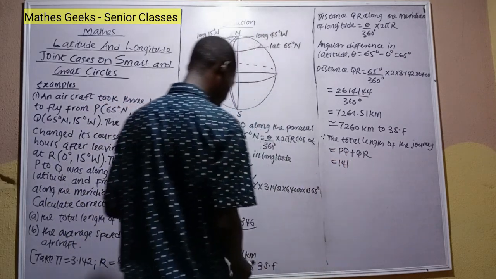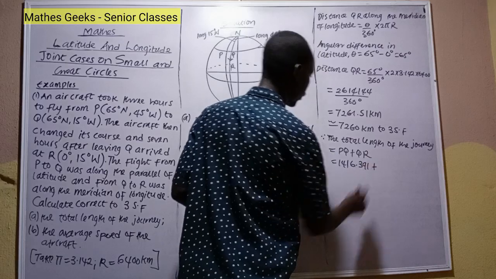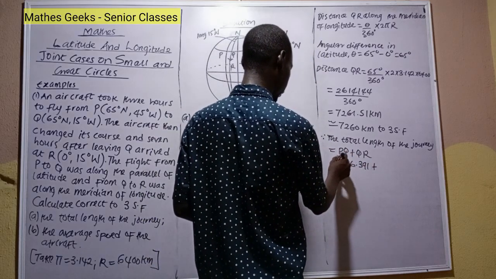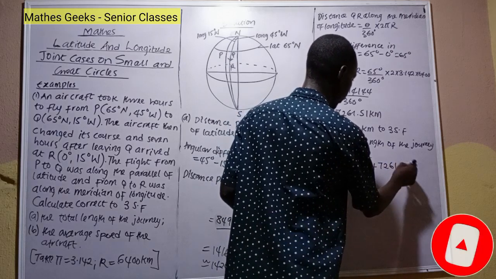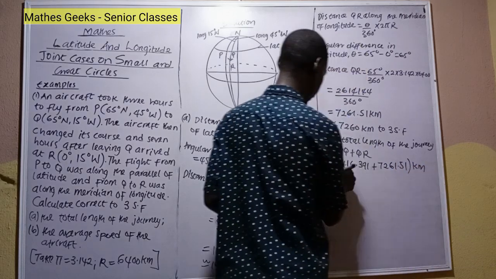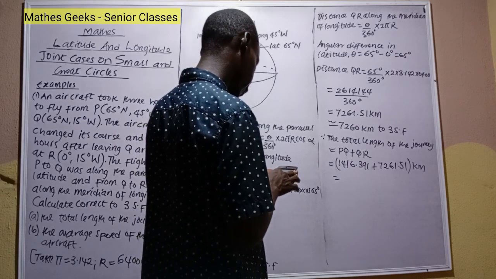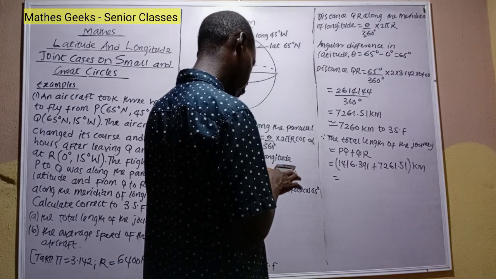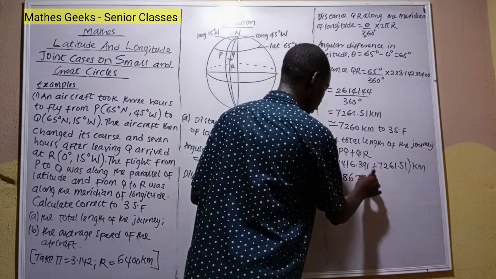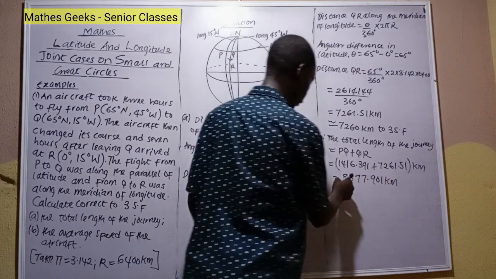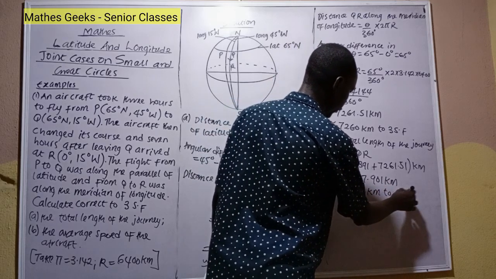So 1416.391 plus 7261.51 kilometers is 8677.921 kilometers, approximately 8700 kilometers to 3 significant figures.